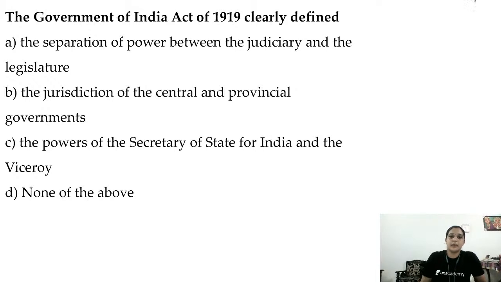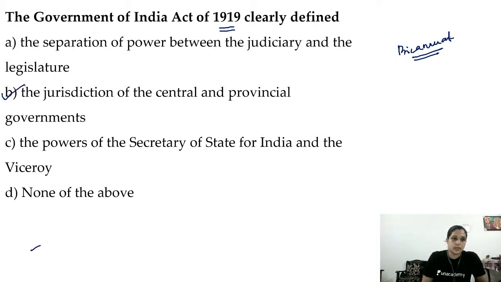Government of India Act 1919 clearly defined the separation of power between the judiciary and legislature, jurisdiction of central and provincial governments, power of Secretary of State for India and Viceroy. None of the above? The option is B, because in 1919 they brought this bicameral concept. The answer is jurisdiction between the central and provincial government.